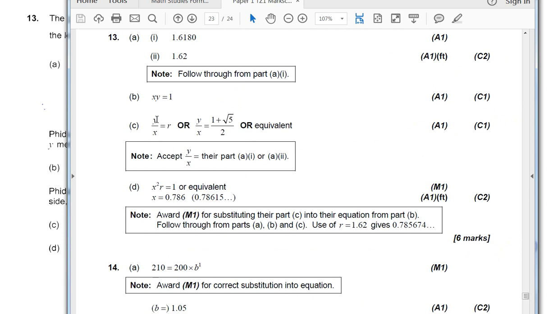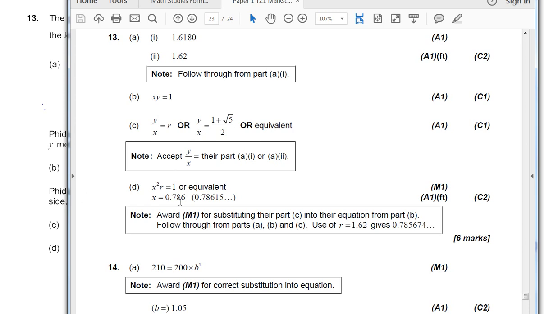Part C, we have y over x equals r, which we just did, so we're okay on that. And then part D, we have x squared times r equals 1, right? So it says award 1 point for substituting your part C into their equation from part B. So we substituted our y over x equals r into our x times y equals 1. That's what we were doing on there. We're okay. Okay.